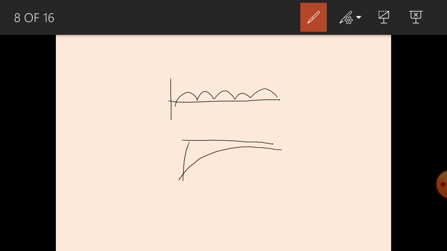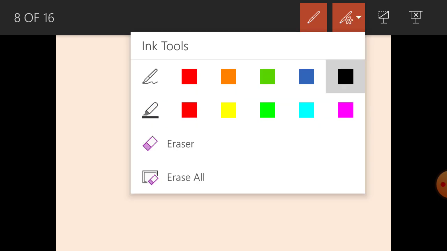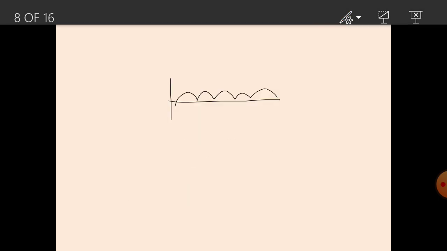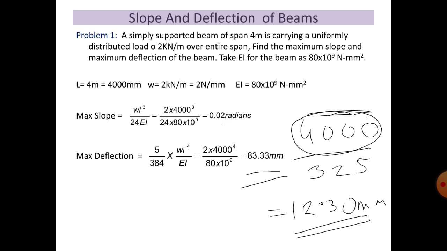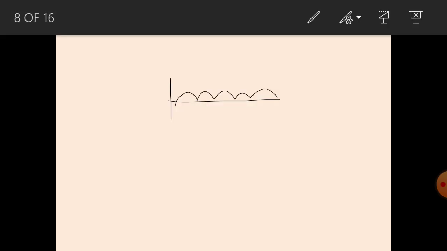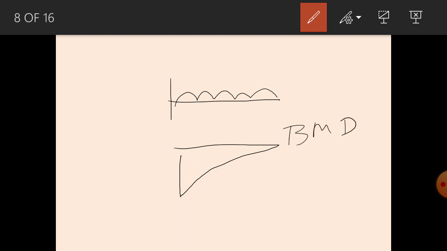Suppose this is your cantilever beam, right? So what will be your cantilever bending moment diagram? It will be like this. I will draw it once more. So this is your bending moment diagram.